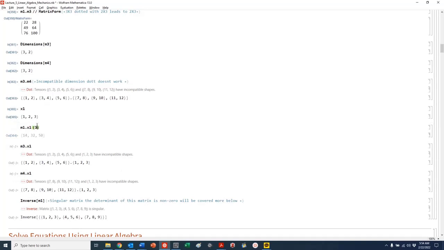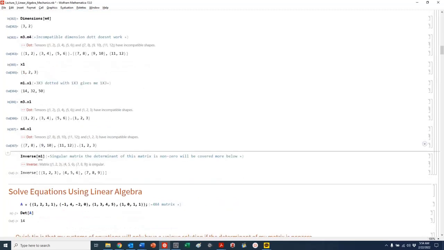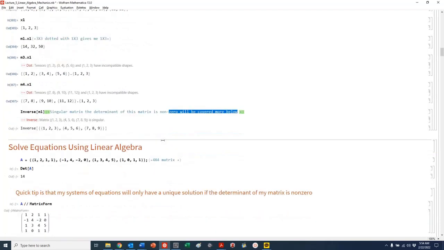So a 3 by 3 dotted with a 1 by 3 gives me a 1 by 3. I cannot do M3 dot x1, again incompatible shapes, the 2 by 3, as we saw here. And you can do the same thing with M4, and again you can't get those.